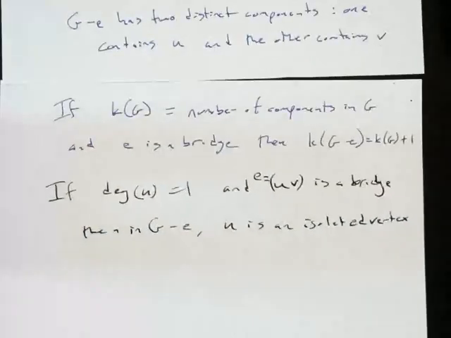What did we call vertices of degree 1? Vertex of degree 1. A leaf, the end of a branch, or an end vertex. So if I have a leaf or an end vertex, I pull away that branch, I've isolated that node.